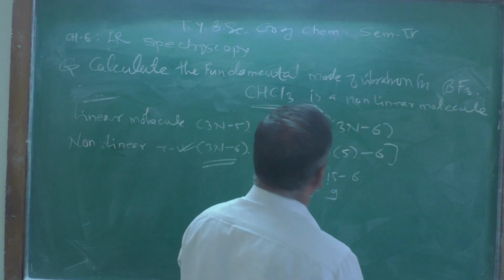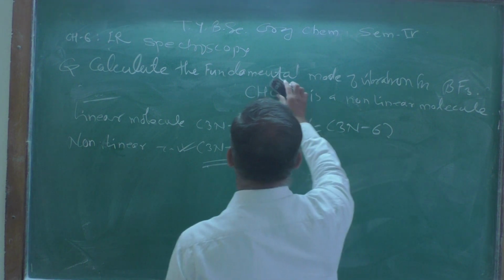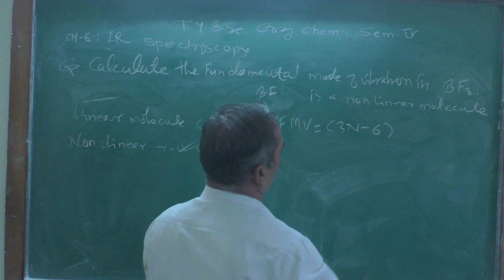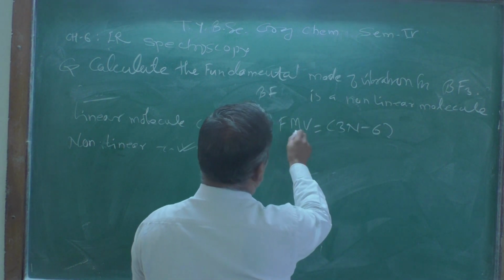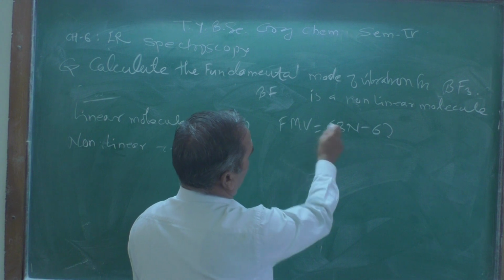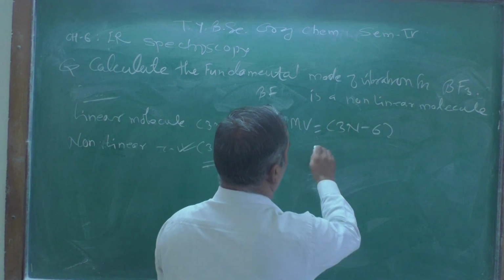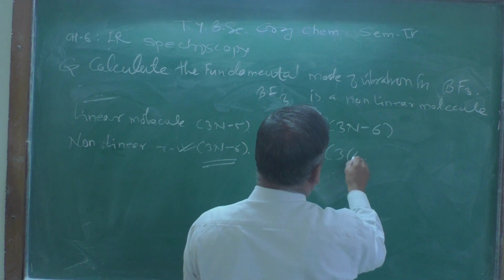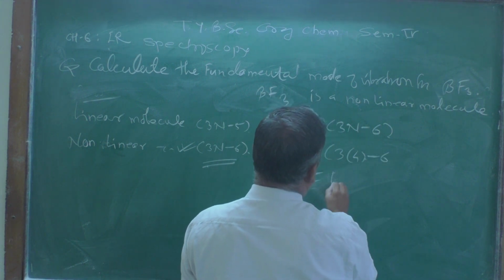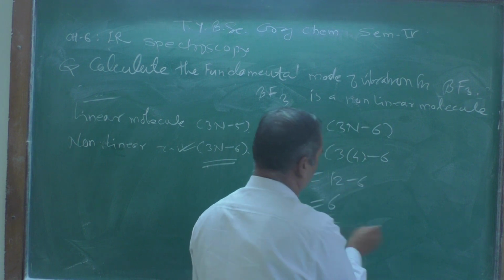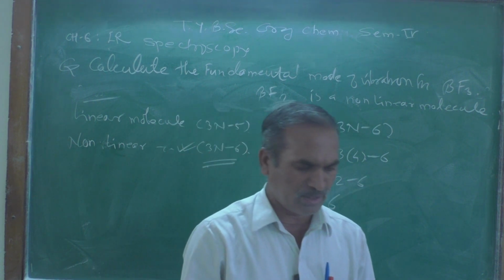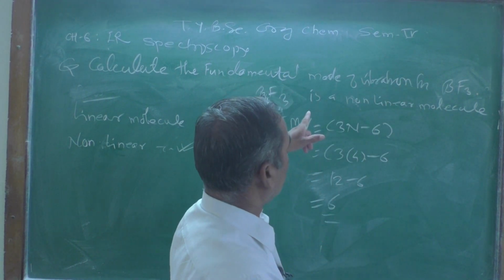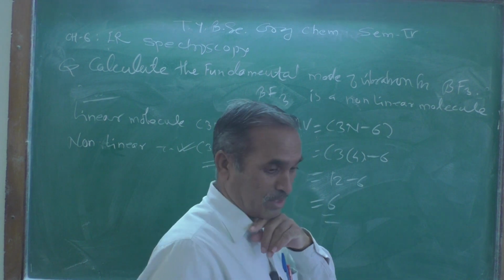So substitute the value here. BF3 is a non-linear molecule, so the fundamental modes of vibration equal 3n-6, and therefore 3 into 4 minus 6. So 12 minus 6 remains 6. 6 will be the fundamental modes of vibration.